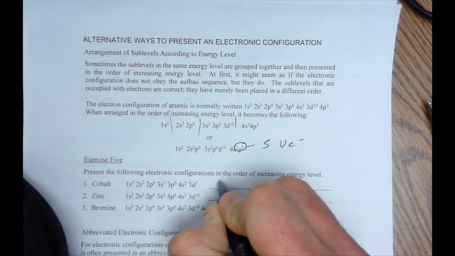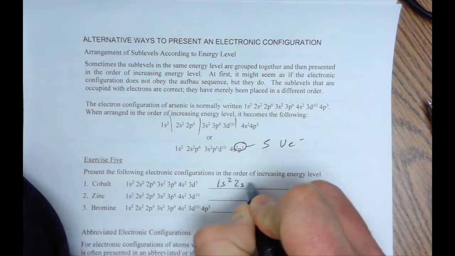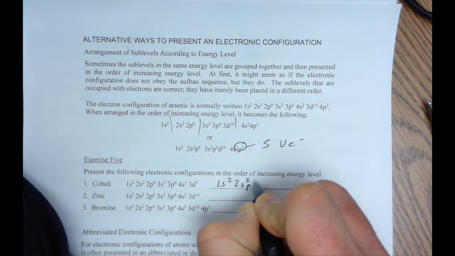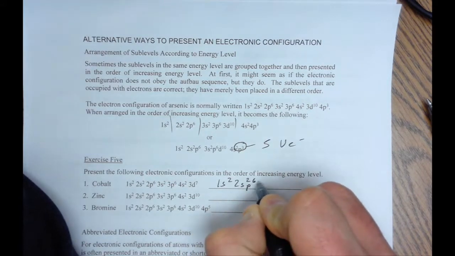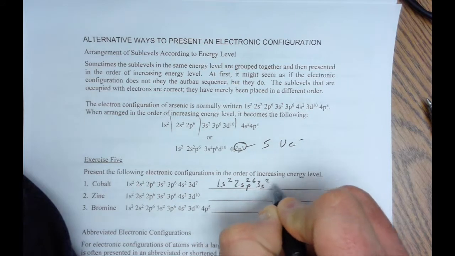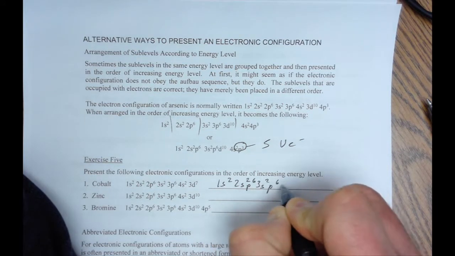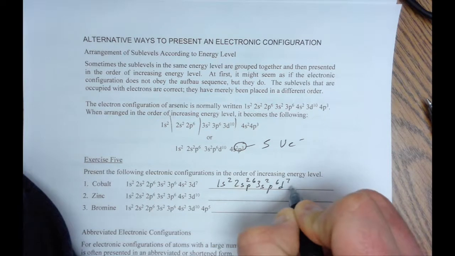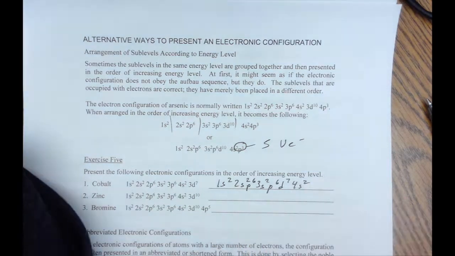Cobalt: 1s2, 2s2, 2p6, 3s2, 3p6, 3d7, 4s2. Let me show you. If somebody looks at this quickly, they see the 4s2. That's good.